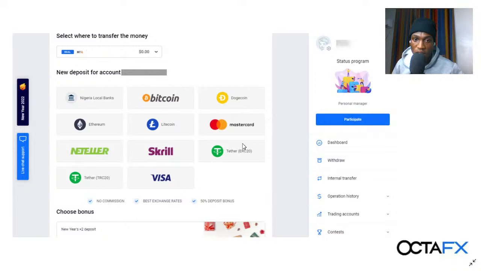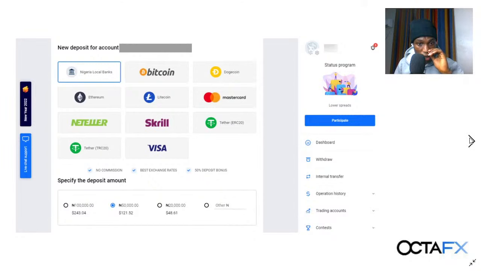There are no commissions, and they have the best exchange rate, and you also get a 50% deposit bonus on your trading account, right? As you can see, 50,000 naira for $121.52, which is a very good conversion, right? This shows that the exchange rate is actually really nice.